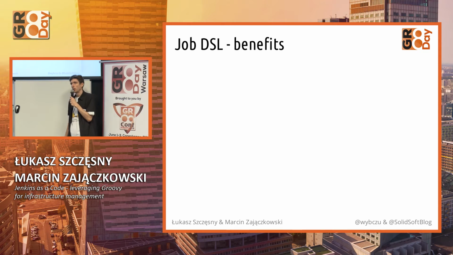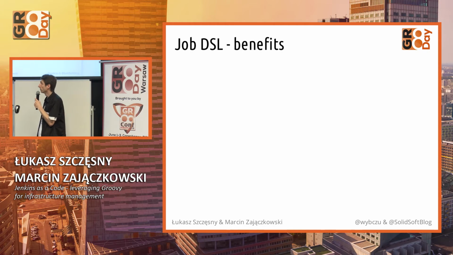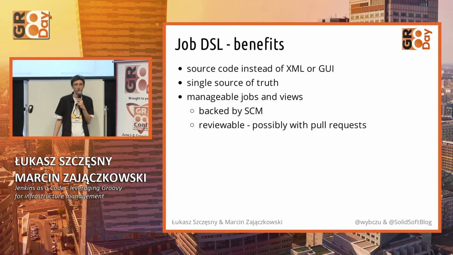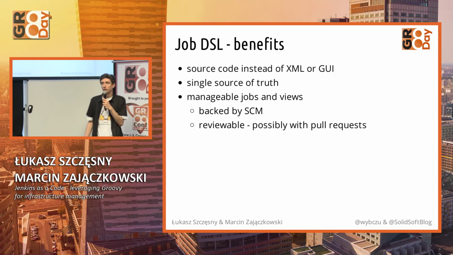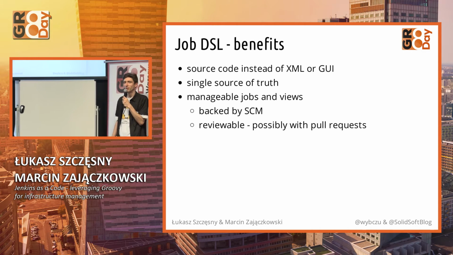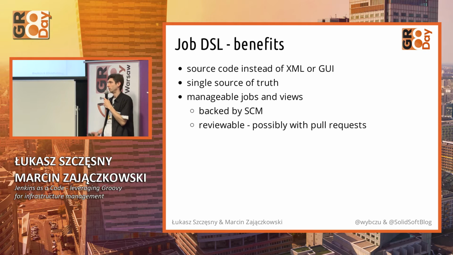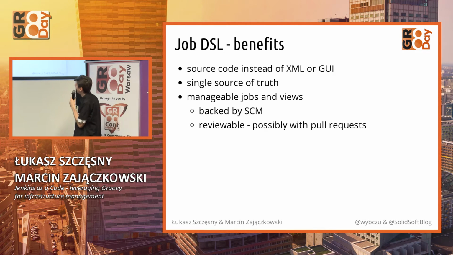You might ask why you should give Job DSL a try, and in my opinion, the main reason is the ability to keep configuration in code. I bet that most developers and DevOps prefer to work with code than with XML or clicking UI. In addition, that source code is a single point of truth, which could and should be backed by SCM like Git.